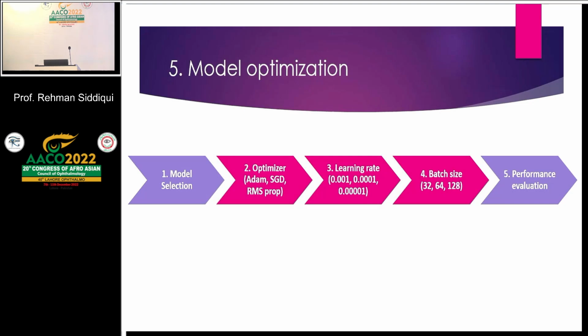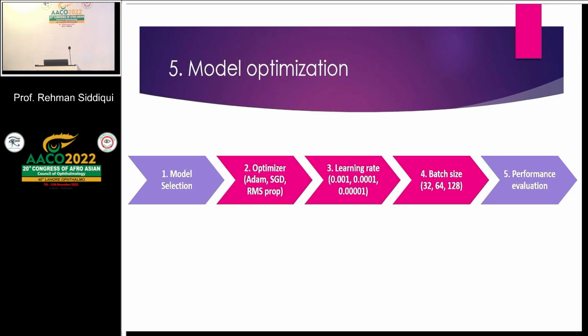An optimizer is basically a function that modifies the attributes of a neural network, such as its weights and learning rate. Thus, it helps in reducing overall loss and improving accuracy. Adaptive moment estimation (Adam), stochastic gradient descent (SGD), and root mean square propagation (RMSprop) optimizers are evaluated.